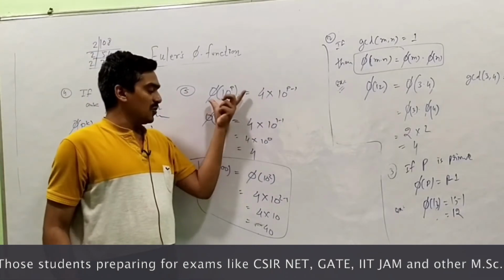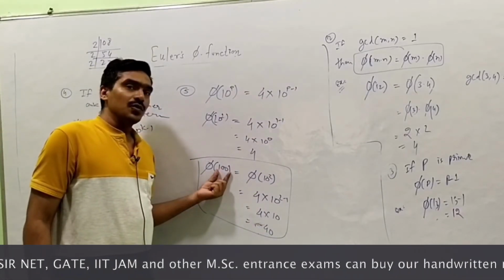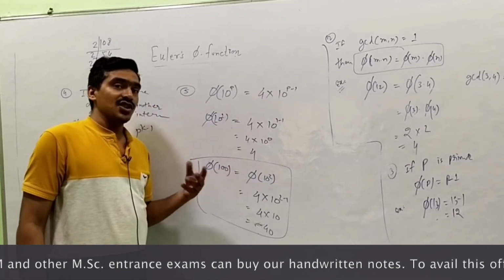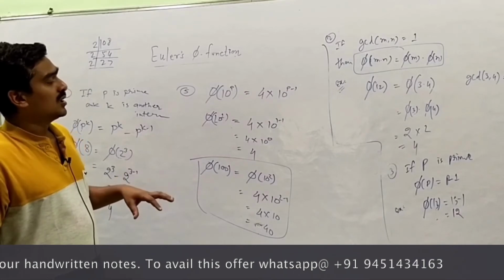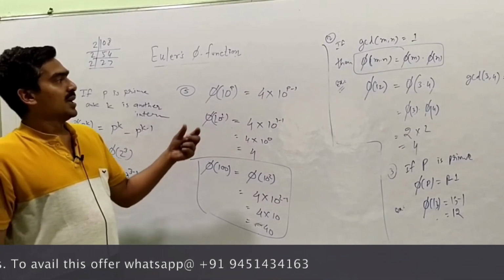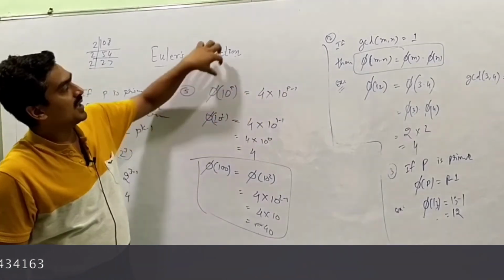With this formula we can calculate for all numbers that are powers of ten: 10, 100, 1000, 10,000. For this we apply this formula.